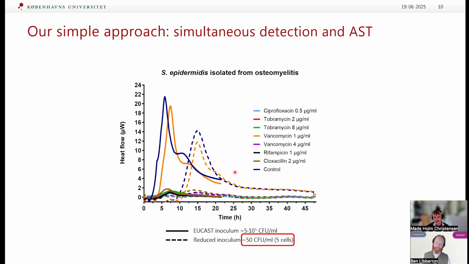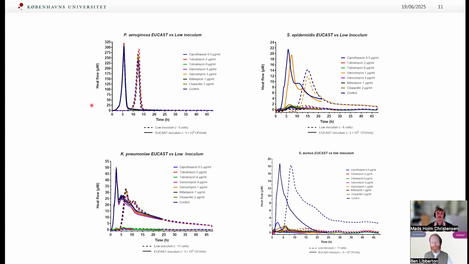So even though we only have 5 cells in this case per treatment well, we get the same susceptibility patterns, still susceptible to all antibiotics except the lower of the two vancomycin concentrations. And actually, this is the case for most of the isolates I have been testing. You can see it looks the same, just postponed in time because you have a lower starting inoculum.